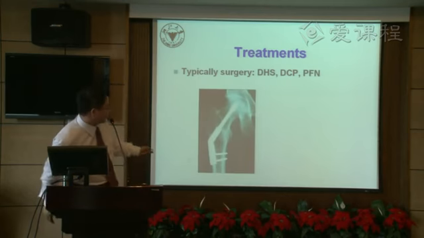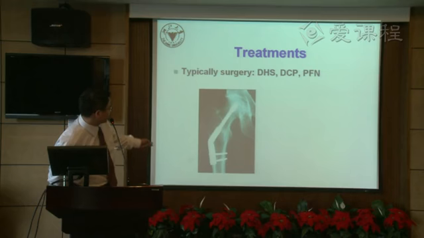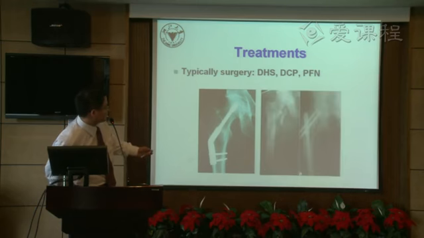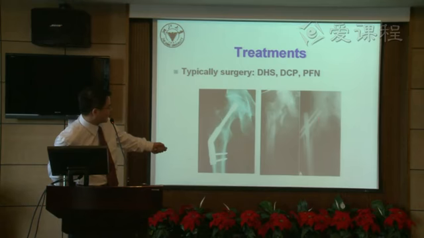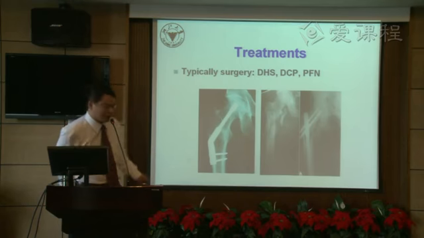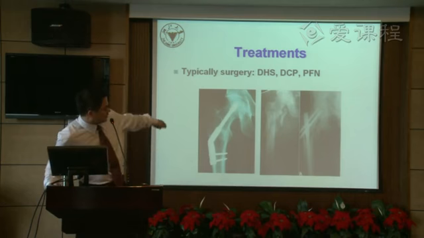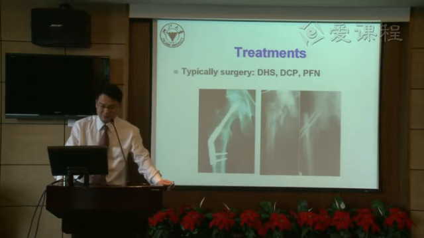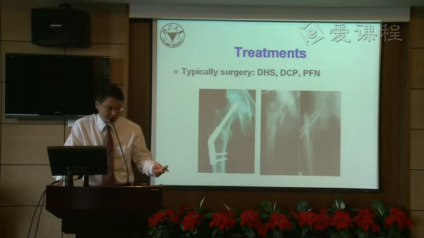This is a dynamic hip screw with the fracture here almost healed. And this is PFN, using two screws into the femoral neck and head, and this is an intramedullary nail down to the middle of the femoral shaft.